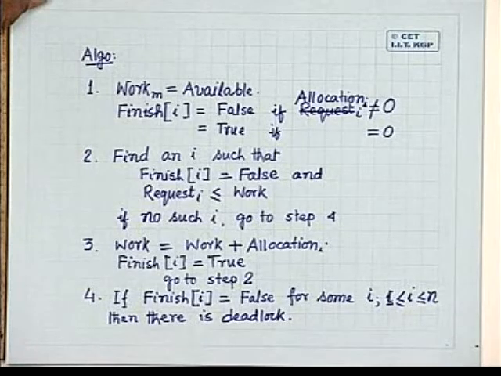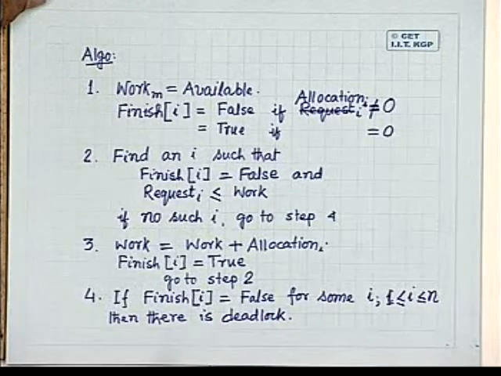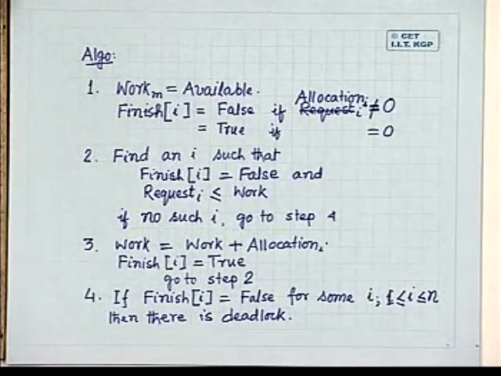And we can also identify the processes which are in deadlock, because it will be the processes for which finish[i] equals false. So following this algorithm, which is similar to the banker's safety algorithm, we can detect whether the system is in deadlock or not.